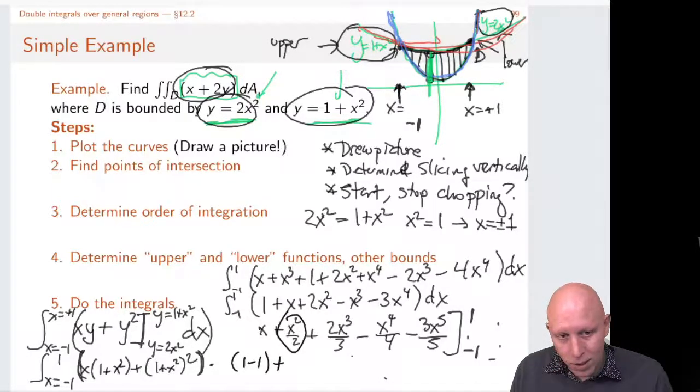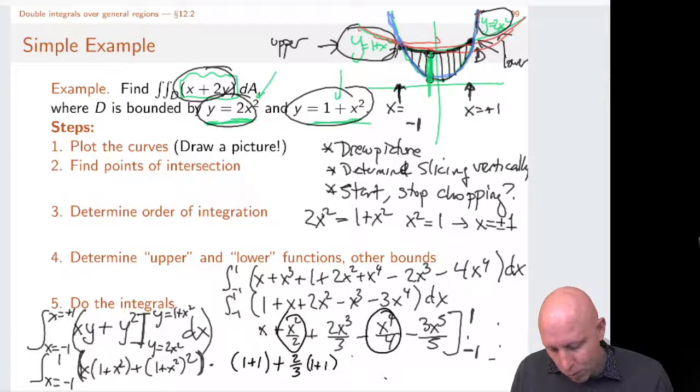Something squared minus that same thing squared is going to give us 0, plus 2/3 times 1 plus 1. And same thing here, 1 plus 1. And then we get another 0 that comes from this, and then we get minus 3/5 times 1 plus 1.